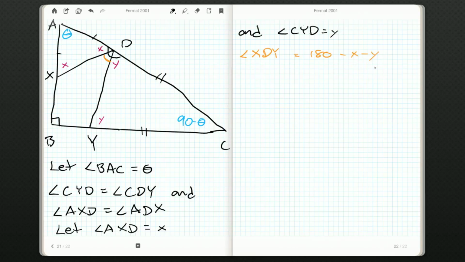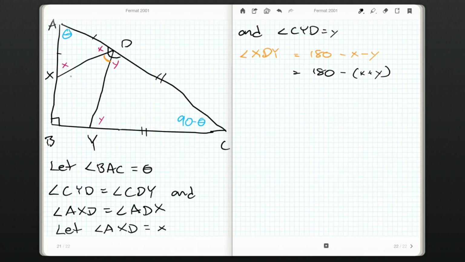So if I can figure out what X and Y are, or even just what X plus Y is, I'd be all set. I suspect I probably won't be able to figure out what X and Y are, but I could probably figure out what their sum is. We're not given any actual lengths, so we aren't probably going to be able to calculate a whole lot here.